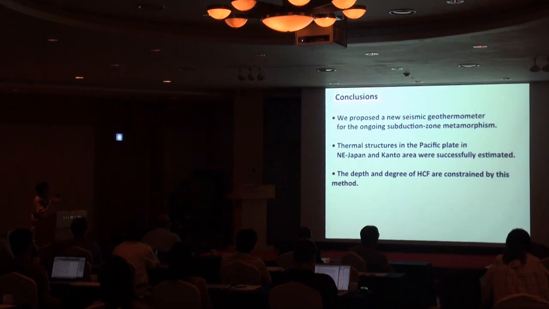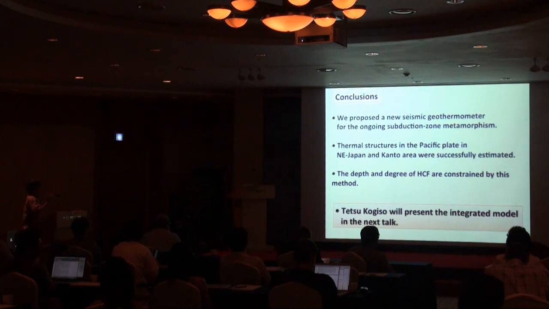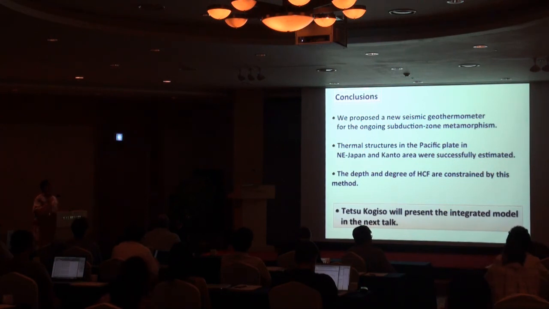And the depth and the degree of the heating by corner flow are constrained by this method also. So Tetsu Kogiso-san will present the integrated model using this result in the next talk. So the implications for this method will be presented in the next talk.